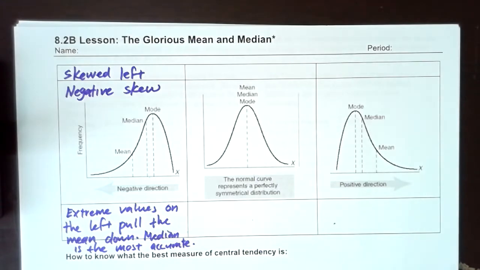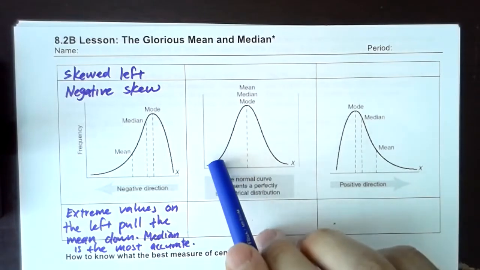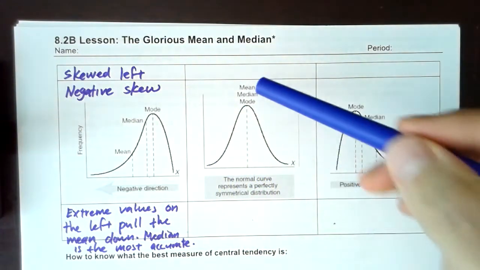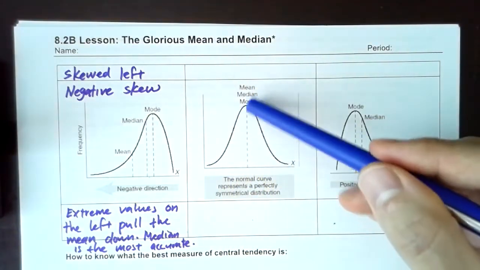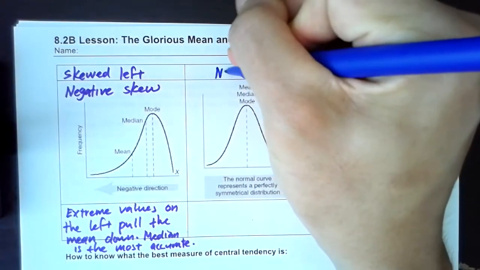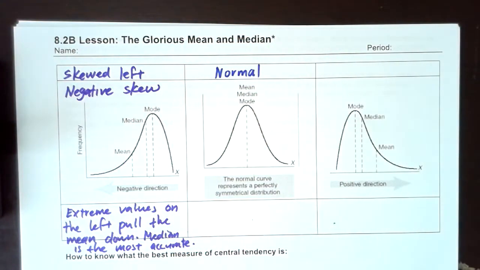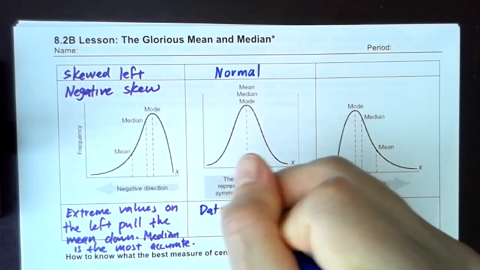Okay. So here, this is a very clean distribution of data where the mean, the median, and the mode are all exactly lined up. So this is what we call normal distribution. This is where everything is according to plan, right? The data is symmetrical.